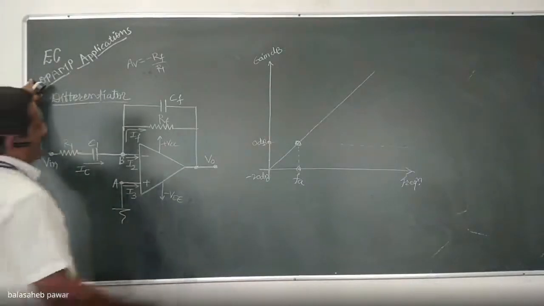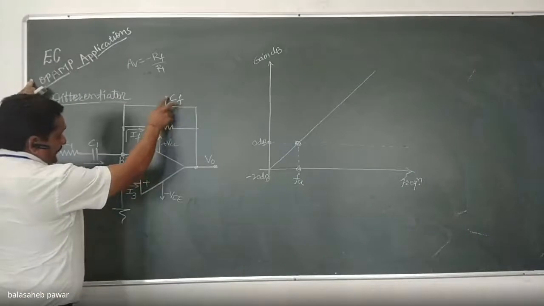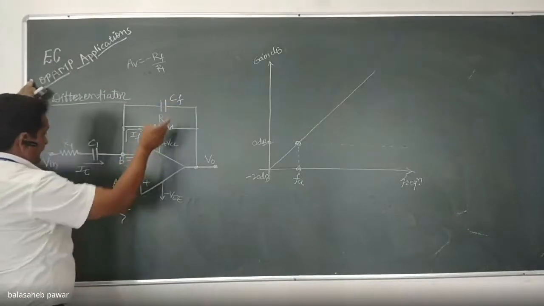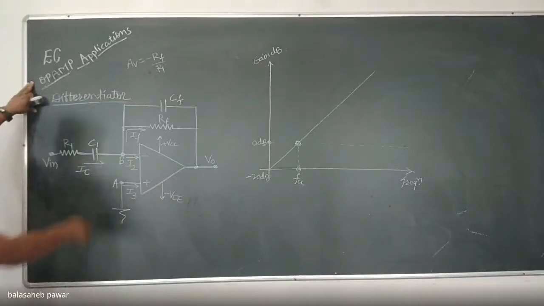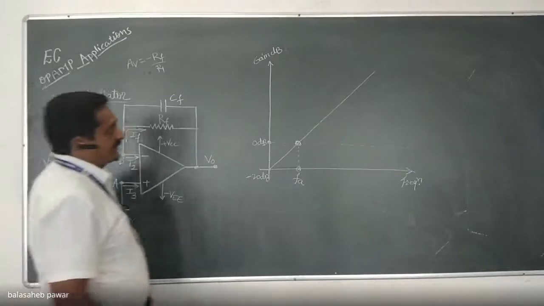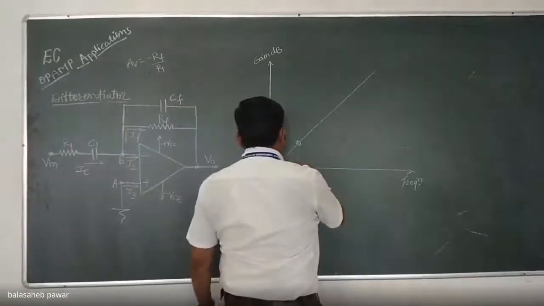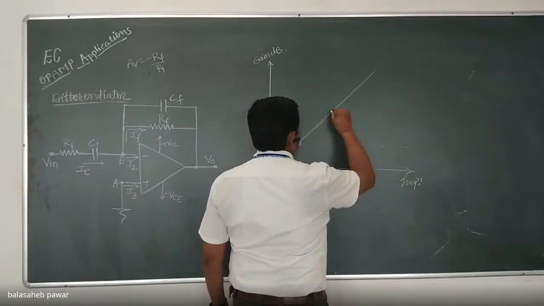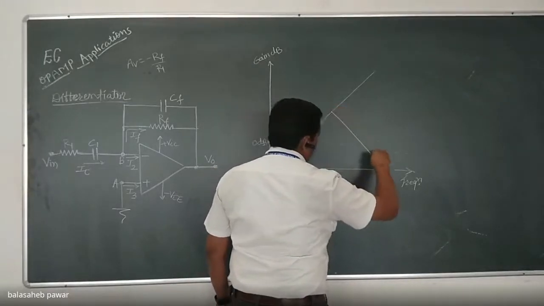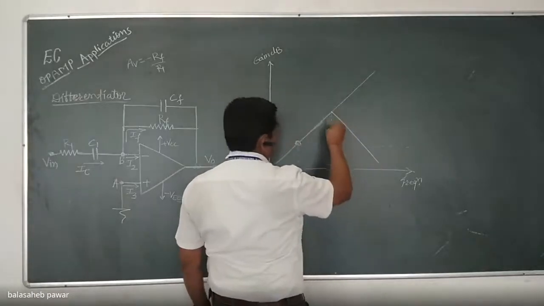Now to provide that stability, as I already showed, a parallel capacitor in the feedback path, CF, is connected, and one series resistor R1 is connected in series with the input capacitor, so that the frequency response of the same differentiator becomes somewhat like this.